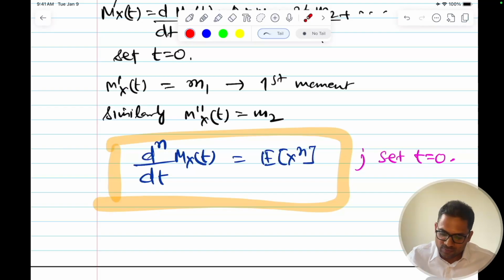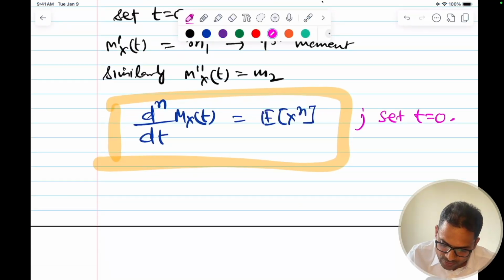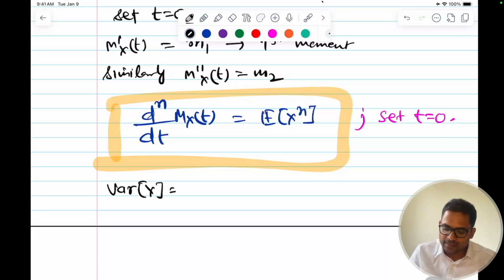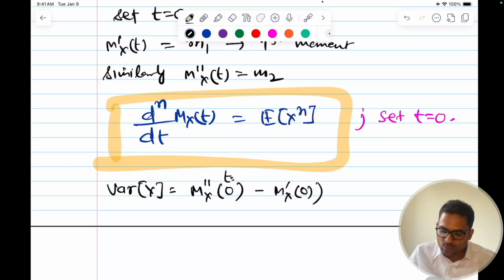Then if I have to write the variance, how will I write it now? For example, variance of x, can we write it as M dash dash of x at 0, I'm putting t equal to 0 directly, minus M dash of x at 0, whole square?